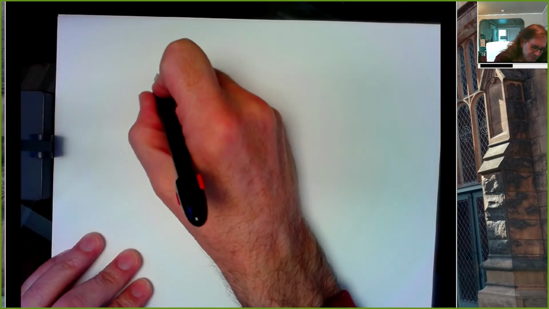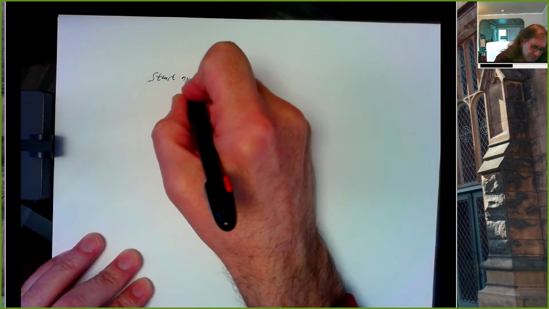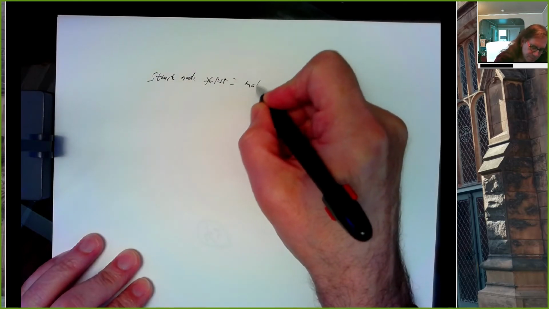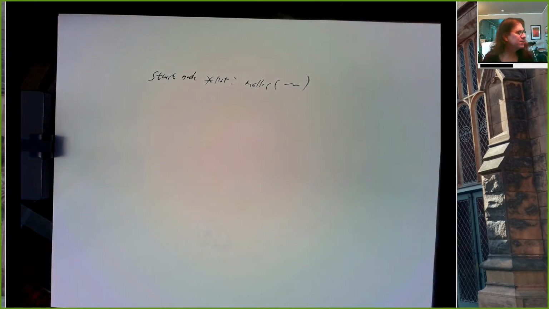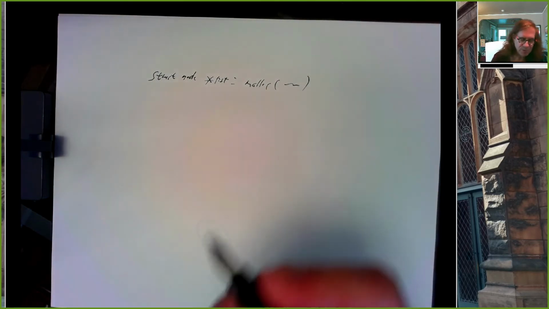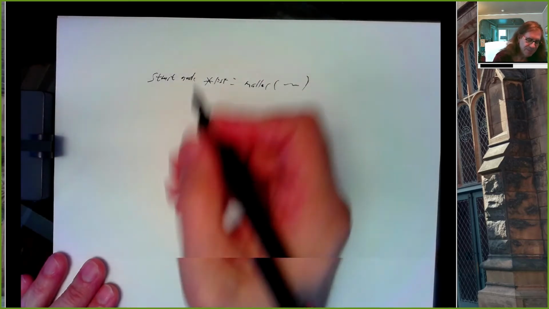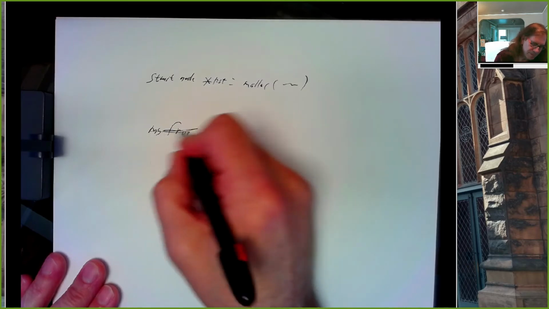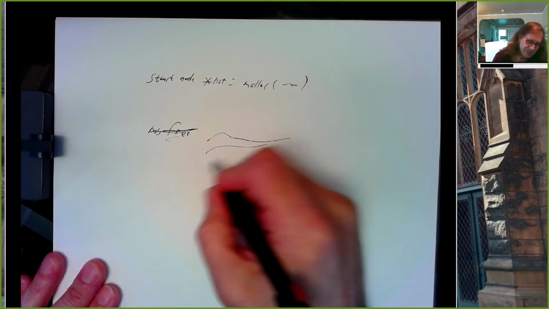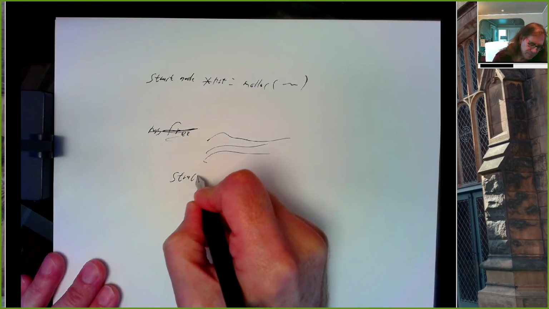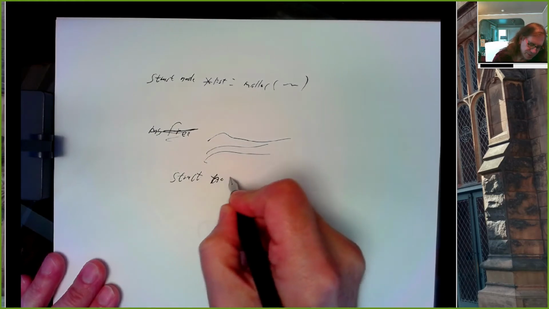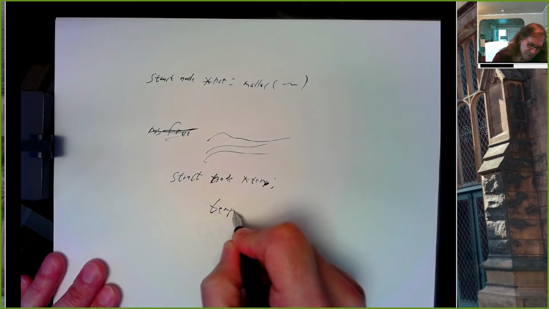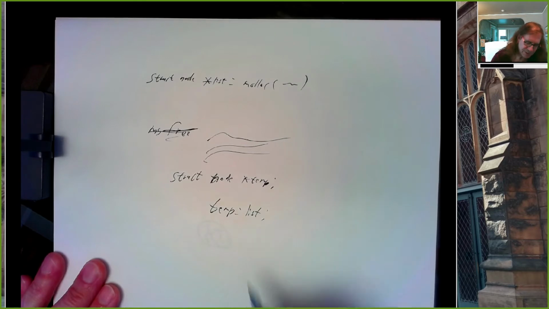So suppose we malloc space for, say, a linked list, but it could be for anything, and let's suppose that somewhere in my code I do something like this: struct node *temp, and I set temp equal to list.